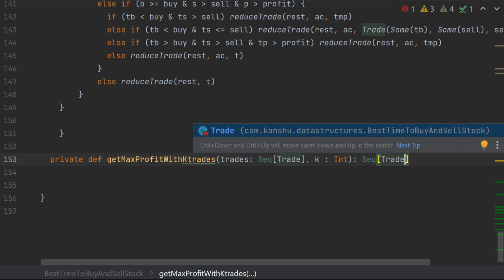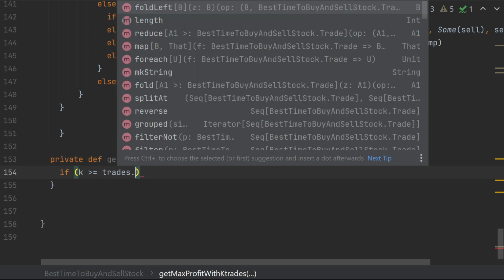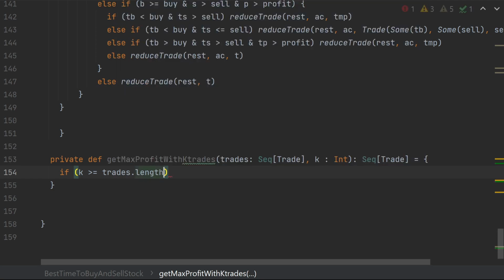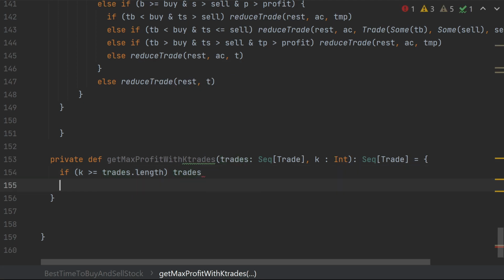All right, here first condition, if the k is greater than equal to the trades dot length, then we are just going to return the trade because it is too long, and it is going to be always the max trade. Let's make it trade. All right, now it looks better.